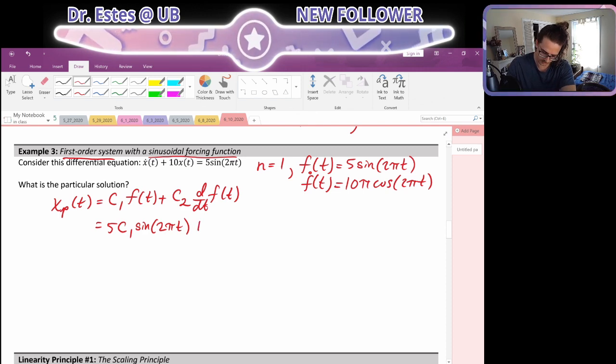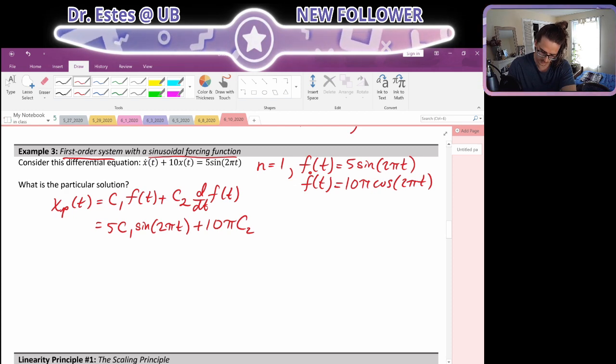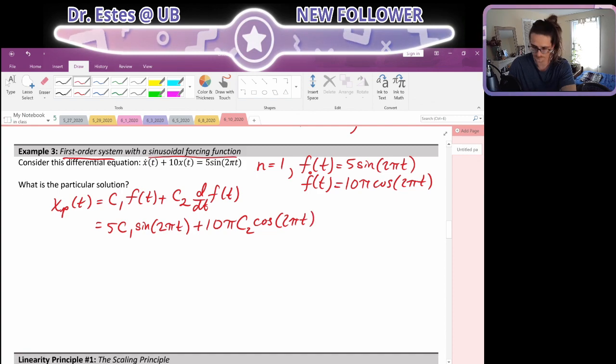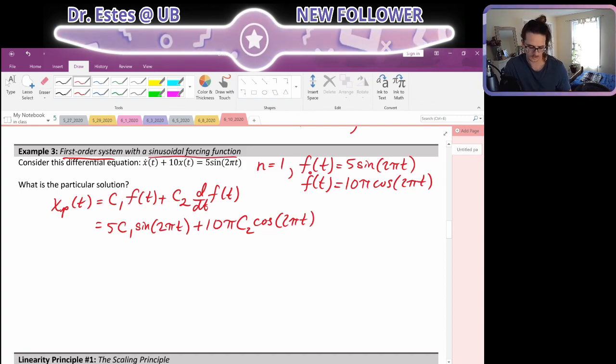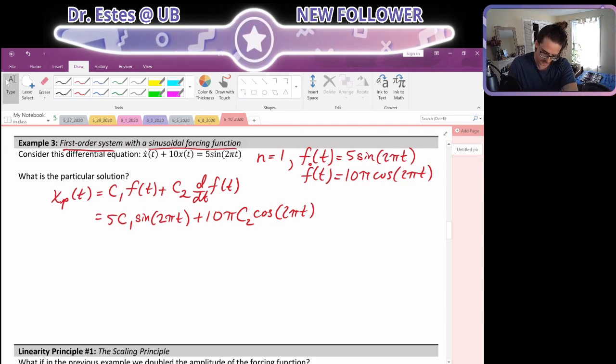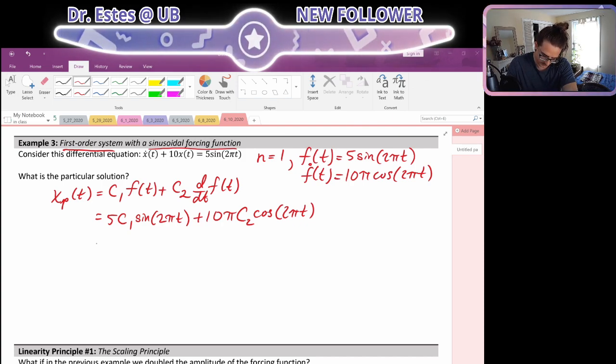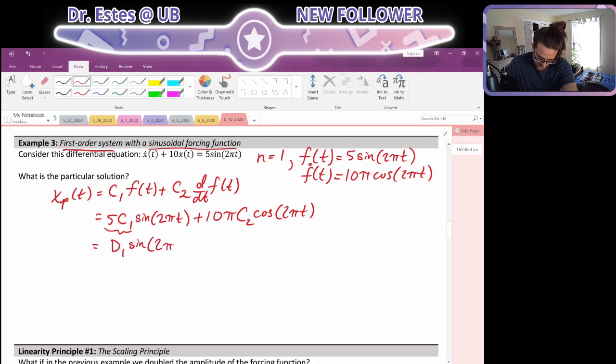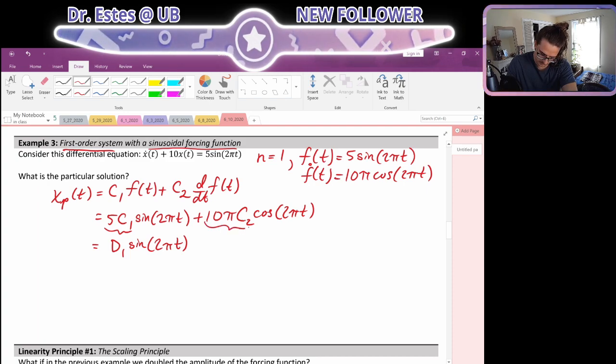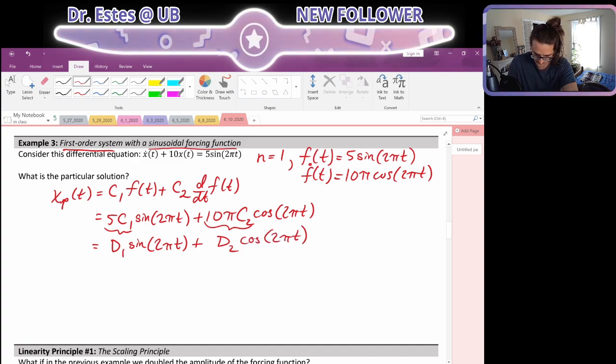So we're going to have plus 10 pi c2 cosine 2 pi t. And let's simplify these terms again. So I'll collapse 5c1 to just d1, and 10 pi c2, I'm going to collapse to d2. Just make our lives easier.